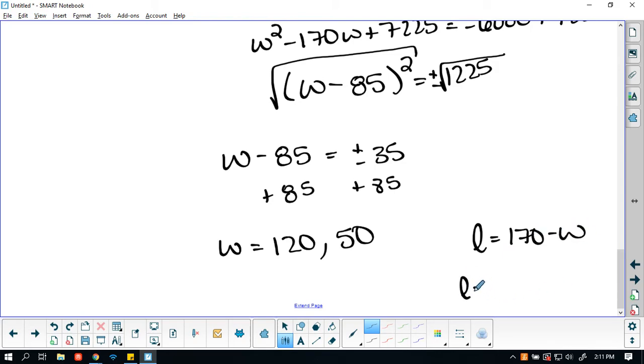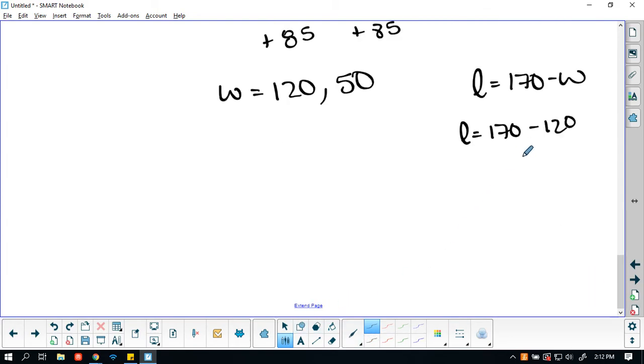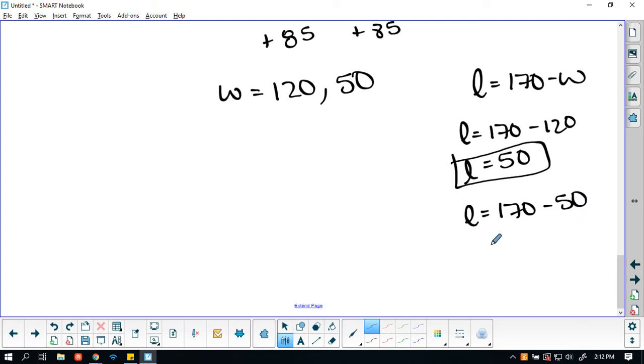So the length we have is 170 minus 120, which is going to be 50. Or we have length equals 170 minus 50, which equals 120.